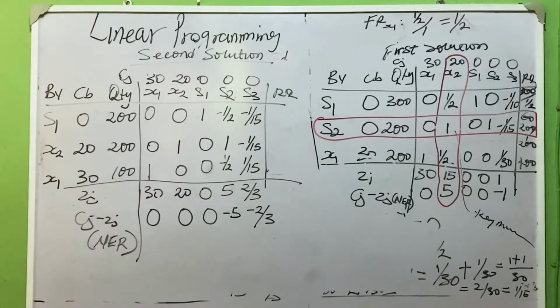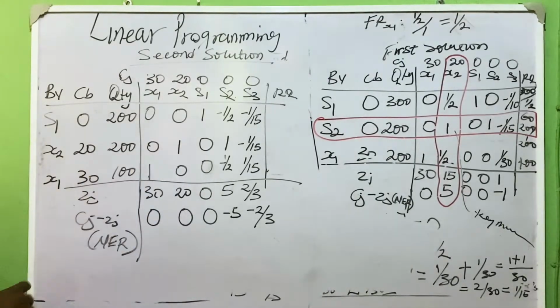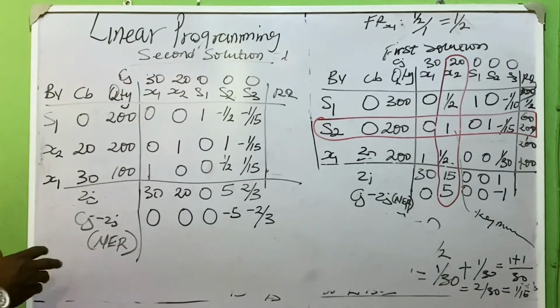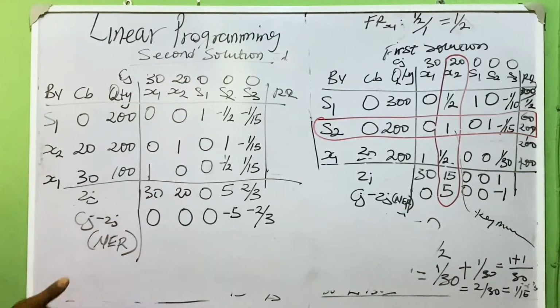Alright, recall that the rule says that you attain optimality for a simplex maximization case when all the values in the net evaluation row are either negative or 0.